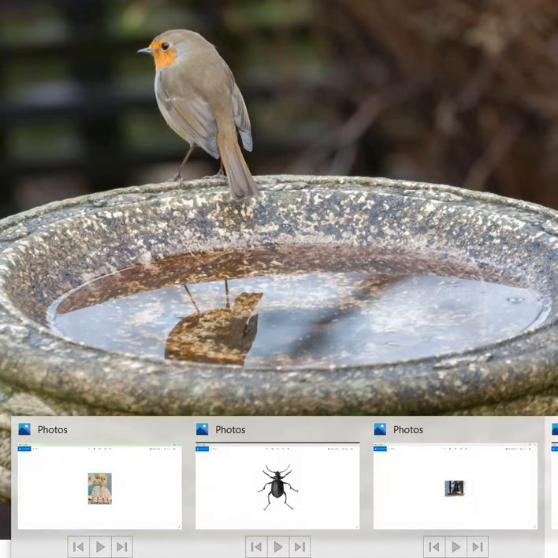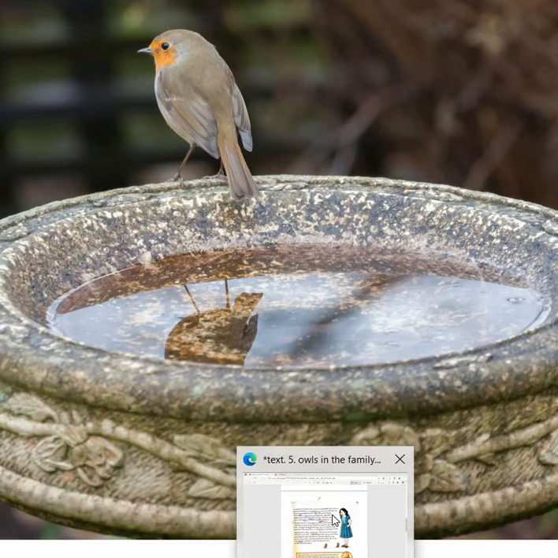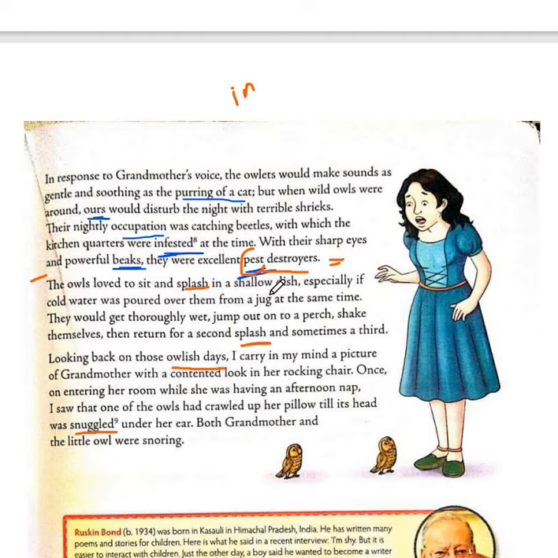Then what is being said, especially if cold water was poured over them from a jug at the same time. If, when they were having a bath, splashing the water, somebody pours cold water from above into that bird bath, they will be the happiest creature in the world.